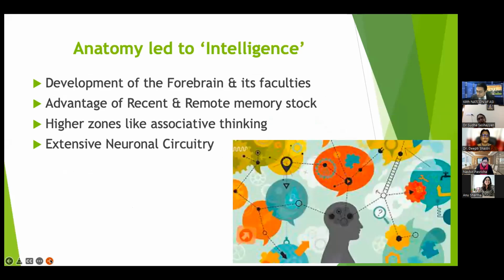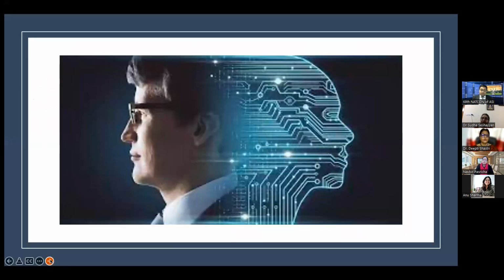And anatomy has led to intelligence: the development of the forebrain, the development of the various faculties of the forebrain, the recent and remote memory stock, which are not that well developed in animals, zones like associative thinking. All this has led to what is called intelligence in mankind. And this intelligence today is evolving into artificial intelligence.